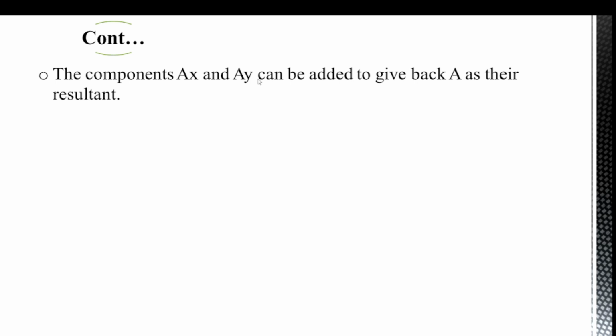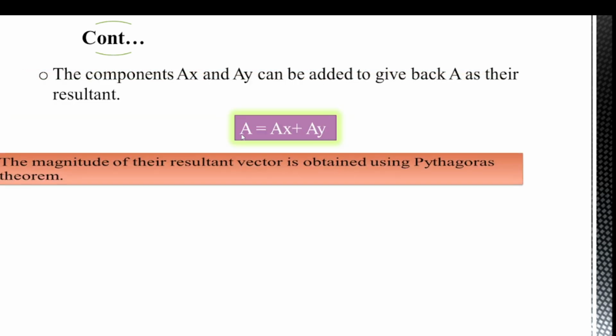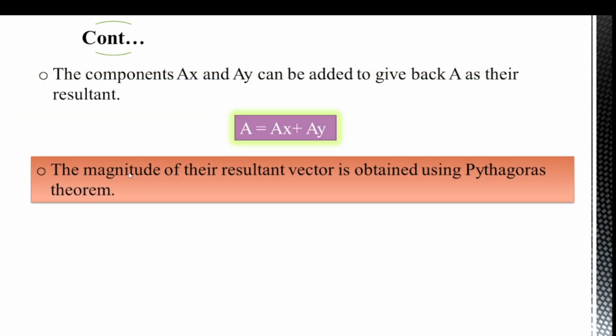The components ax and ay can be added to give back the main vector as the resultant. So the magnitude of the resultant vector is obtained by using the Pythagorean theorem.